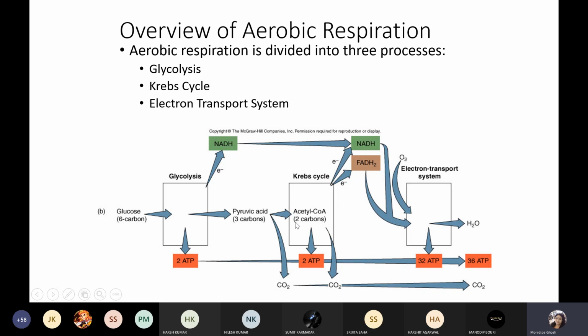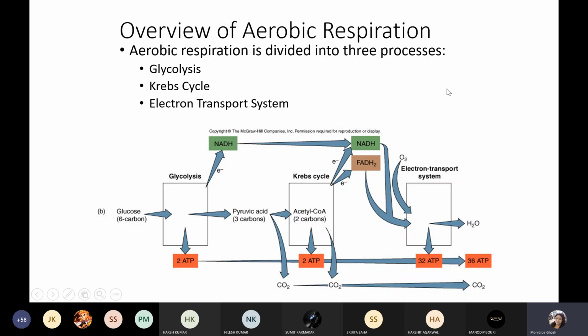This coenzyme is the enzyme and there is a substrate, and after the enzyme substrate activation, 2 molecules of ATP are produced and carbon dioxide is produced as a byproduct. This carbon dioxide is released into nature and 2 molecules of electrons are produced in each cycle. It is a cyclic reaction, and we are talking about each cycle.